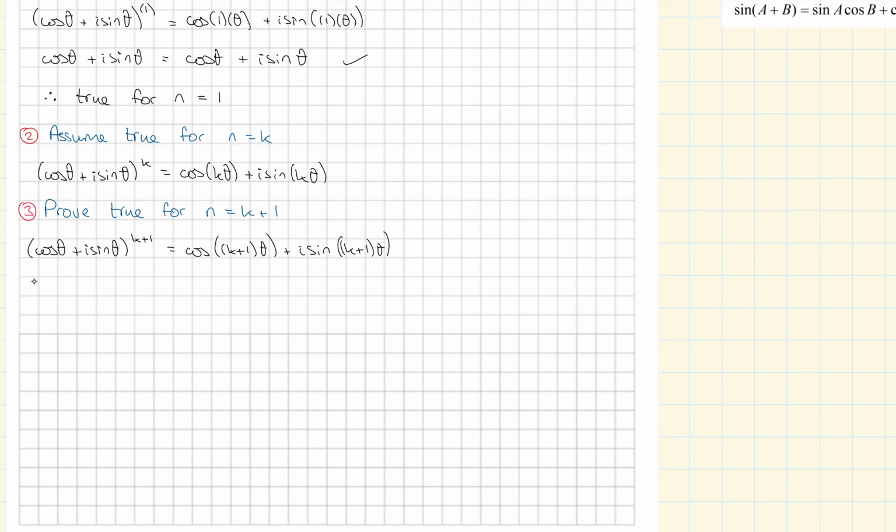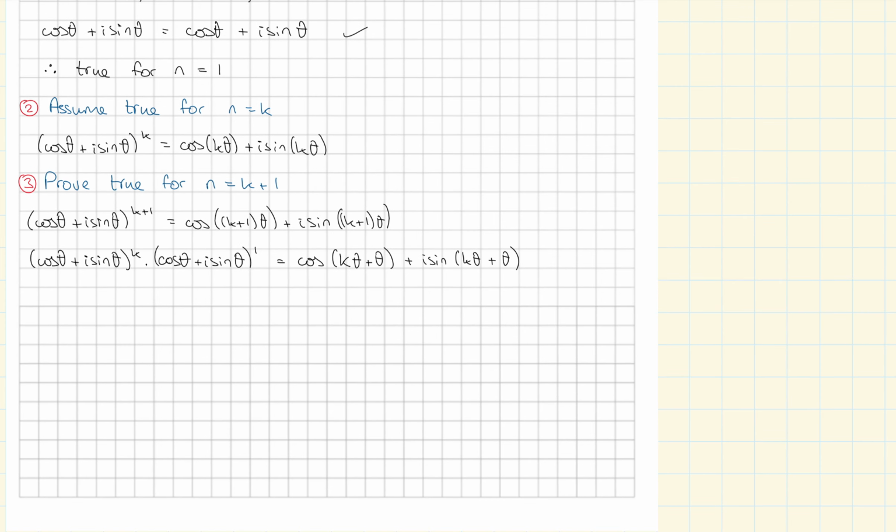Left hand side we rewrite and we get (cos theta plus i sine theta) to the power of k times (cos theta plus i sine theta) to the power of 1, and that's going to equal cos of k theta plus i sine k theta plus theta. So right hand side for this from now on would stay the same, and our goal is to manipulate the left hand side so it ends up looking like the right hand side.